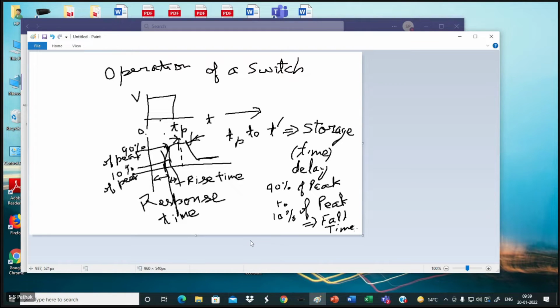And with this weakness of the switching, we started exploiting various devices for storage of the charge for the time being, and that storage can be made permanent, that we call the stable state, or semi-permanent, that we call quasi-stable, or after some time the storage vanishes, that becomes unstable, or you can say astable state.